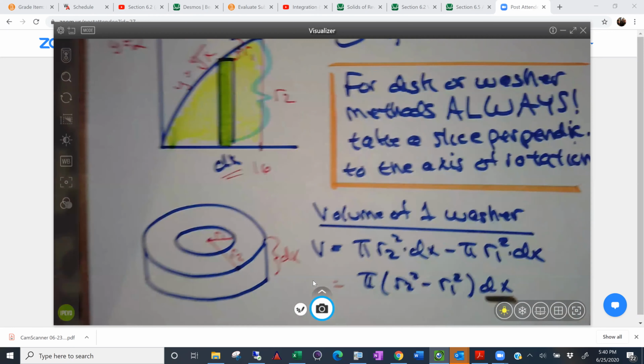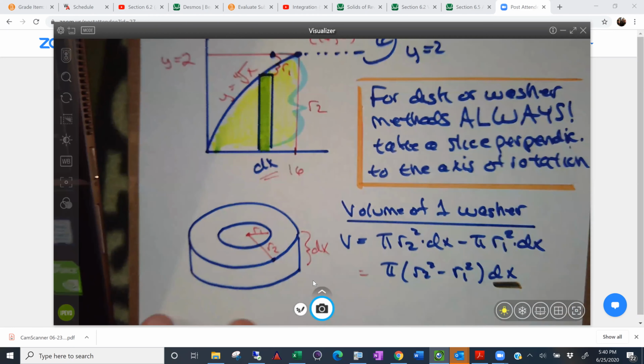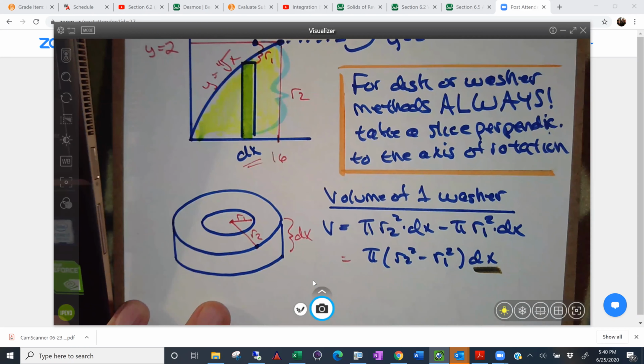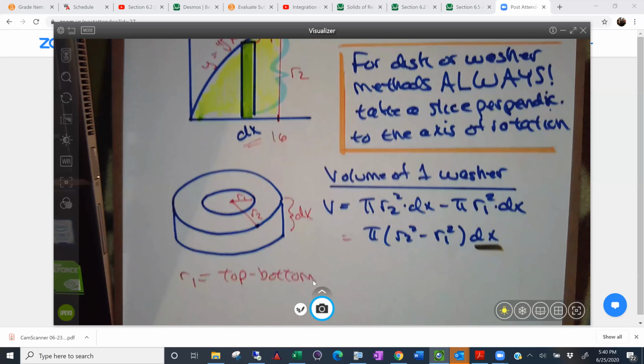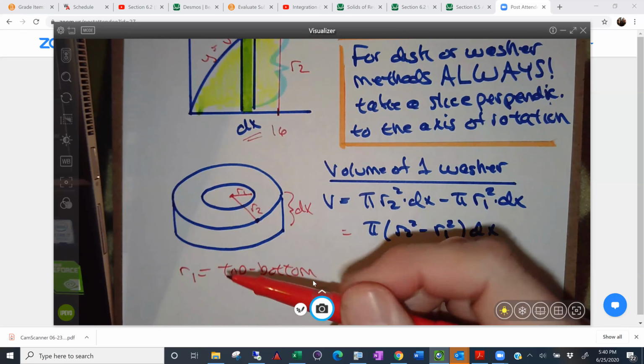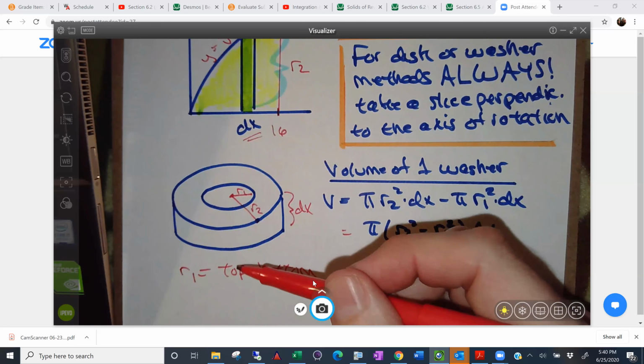Let me see if I can do that. I'm going to zoom out a little bit to give myself some more room. Okay, so let's think about R1. I like these slices. I like thinking of things geometrically. Your distance vertically is going to be top minus bottom.